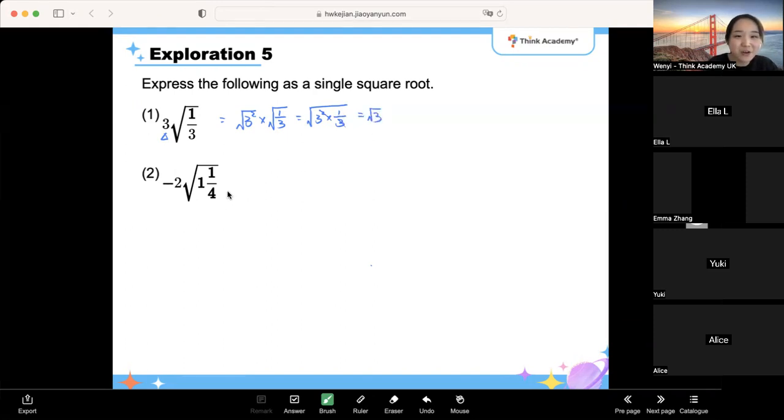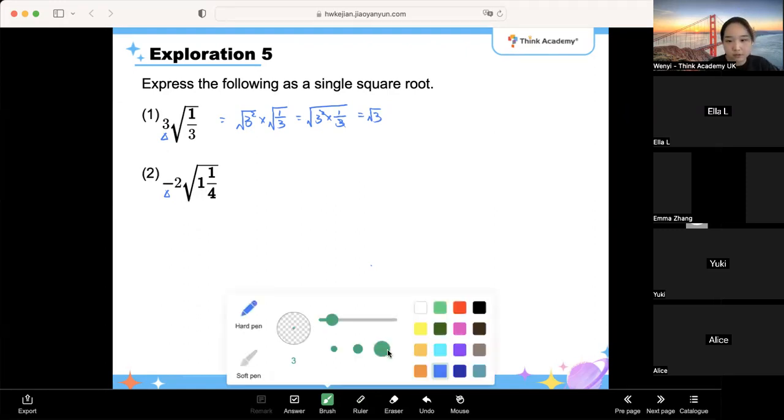Okay, excellent job, everyone. So for the second question, one quick question. Can we put this minus sign into the square root? Yes or no? No, right? Because as we mentioned before, the numbers inside the root sign should always be greater or equal to 0.